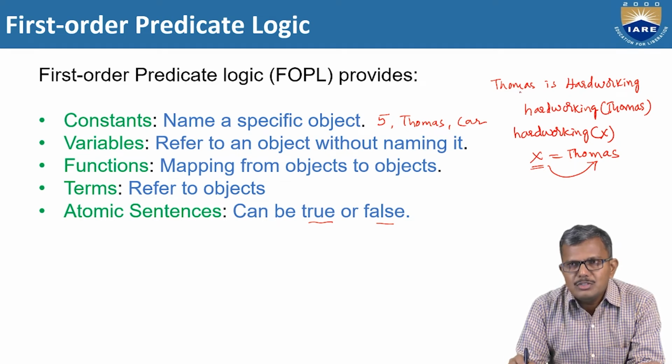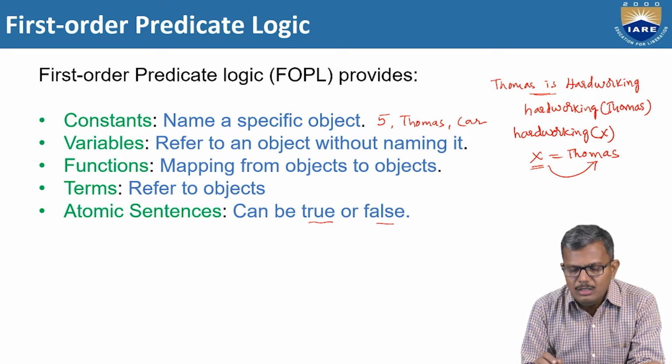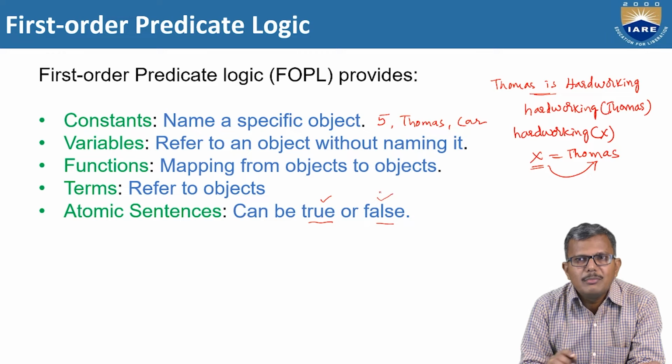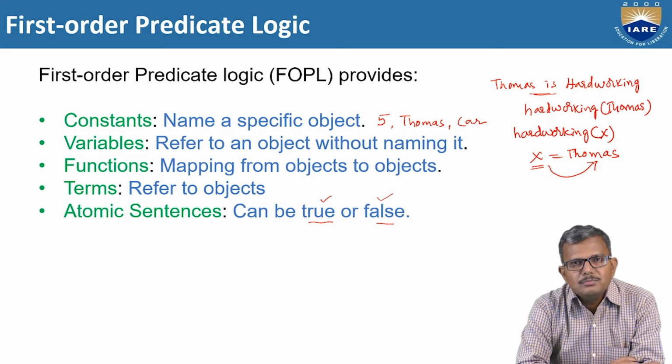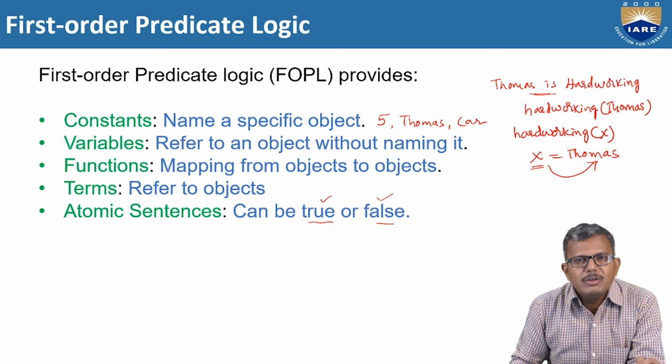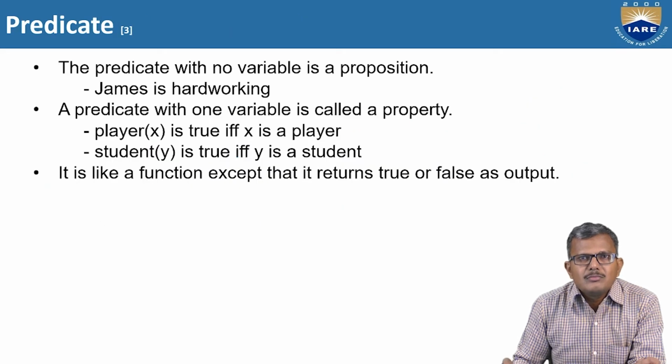So if I ask you this particular question, Thomas is hardworking, you are going to say either yes or no. For all these kinds of representations, the outputs can be either true or false. We will see there are two different kinds of sentences we are going to use in predicate logic. One is called an atomic sentence and another one is called a composite sentence. That we will see with suitable examples.